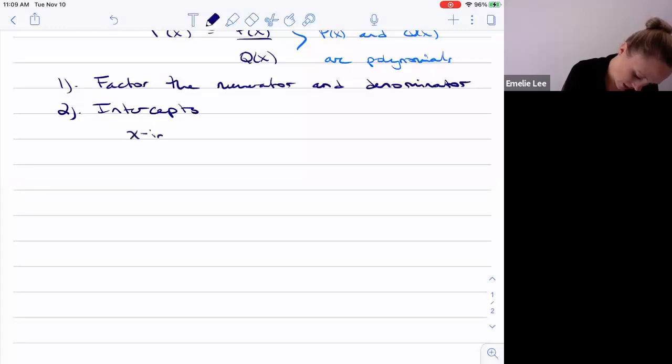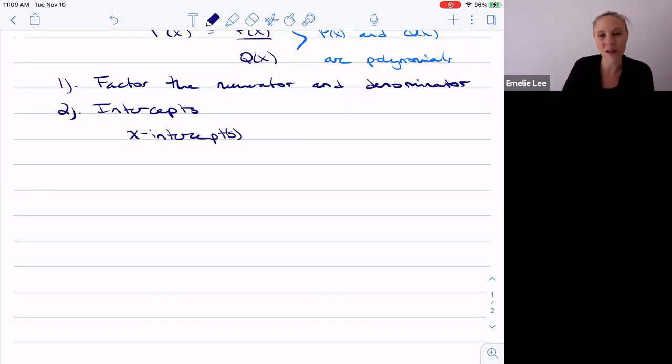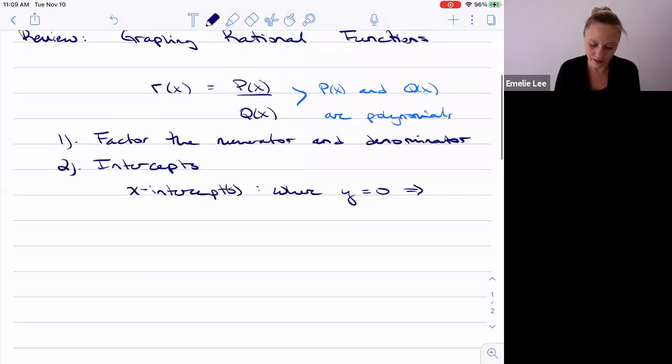The x-intercept, potentially more than one. You can have just one, right? And we'll see an example today. So the x-intercepts are where y equals 0, where r of x, in this case, is y.